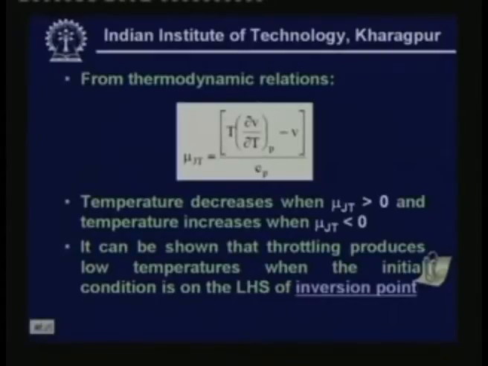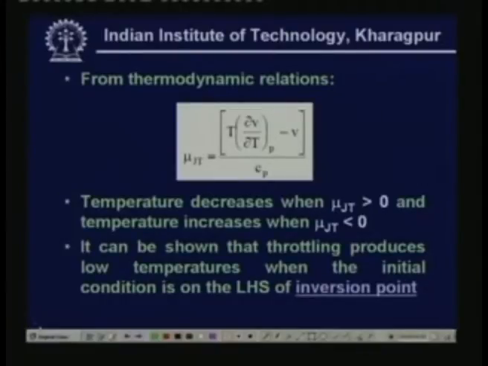So this is the expression for the Joule-Thomson coefficient, and you can easily see that for an ideal gas which obeys the equation PV = RT, the Joule-Thomson coefficient is 0. You can just check that because T (∂V/∂T) works out to be V, right? So V minus V becomes 0.